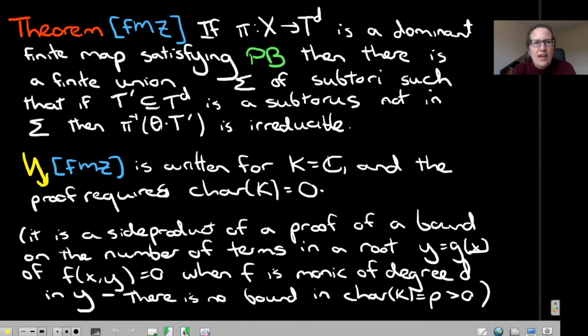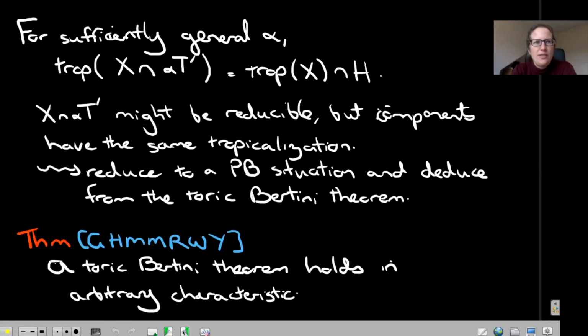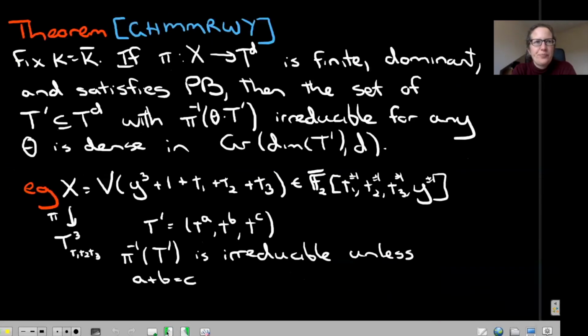And it turns out if you take this polynomial here, once I've plugged in t to the a, t to the b, t to the c into this, these are exactly the polynomials. You'll then have a polynomial in y and t, which are exactly the bad polynomials in characteristic 2. However, if we move it slightly away from a plus b equals c, then we no longer have this problem.